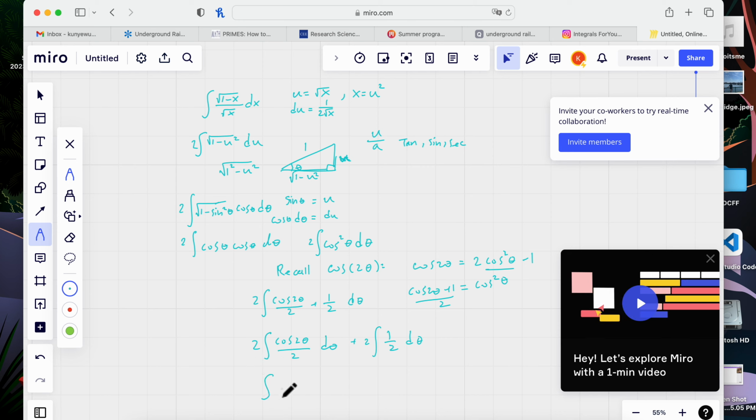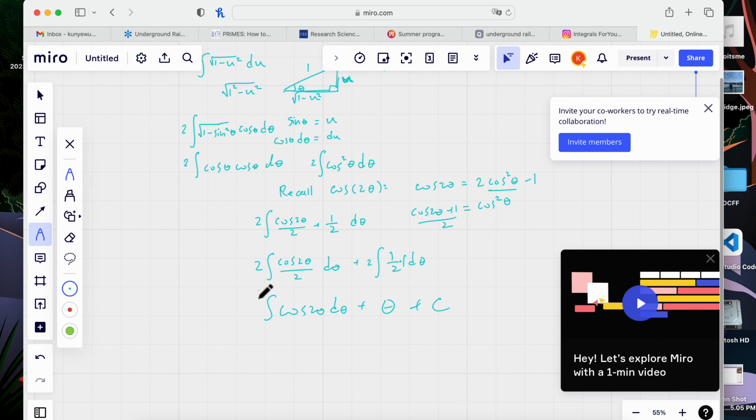So now this integral is just going to be cosine 2 theta d theta plus, and of course, this is 1/2 times 1. And then after we brought 1/2 to the front, this is just the integral of 1. But since we're integrating with respect to theta, this will just give us a theta, and then plus c.